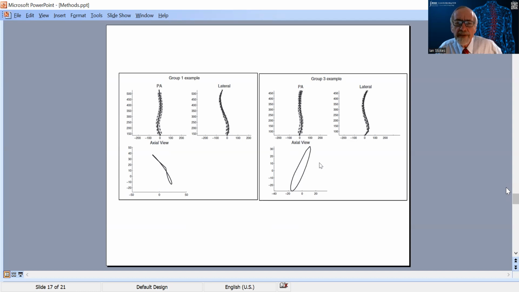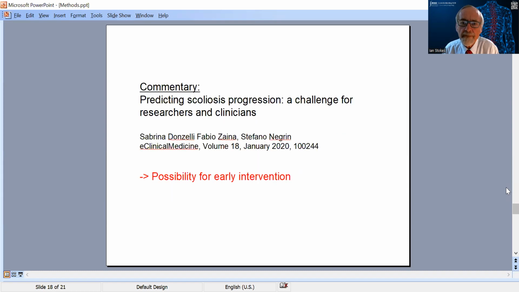Here, for example, between group 1, which was predominantly left lumbar, right thoracic curves, and group 3, which was predominantly right lumbar, left thoracic, in the axial plane the planes of maximum curvature were distinctly different, and perhaps as expected for these different curve types, rotated in opposite directions.